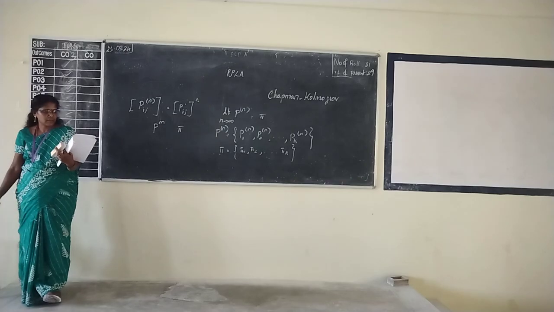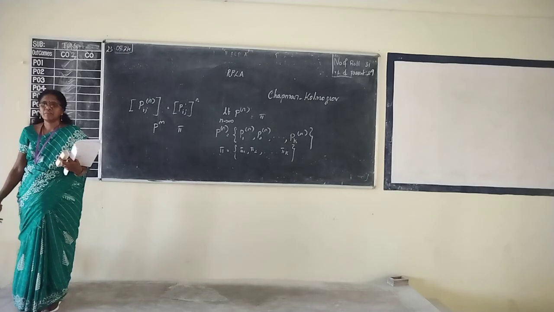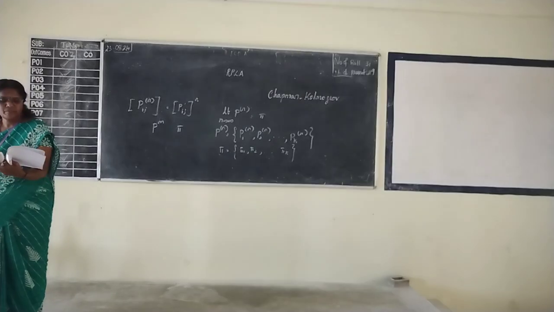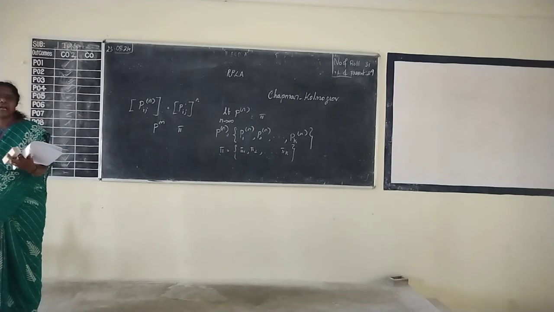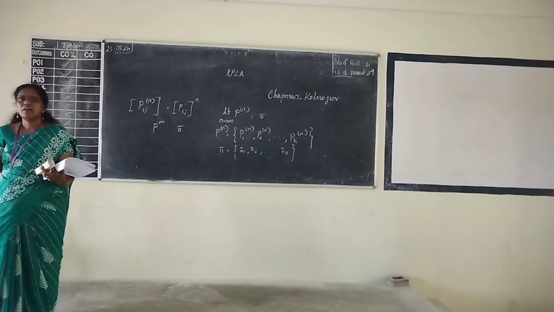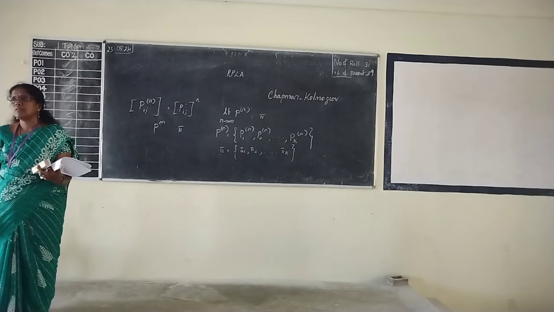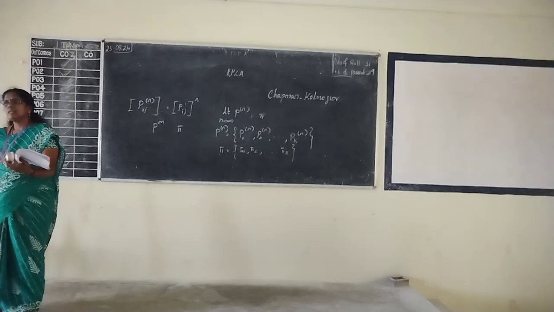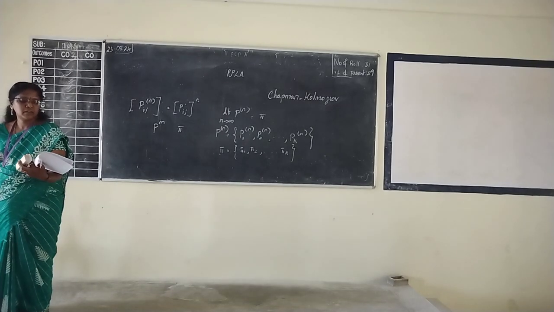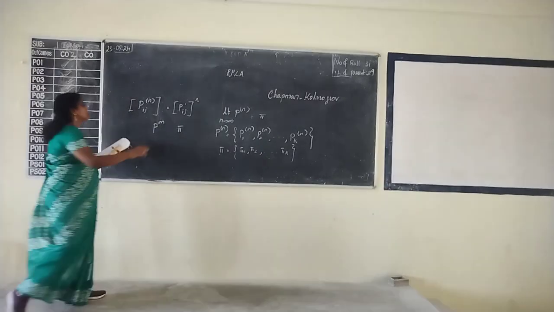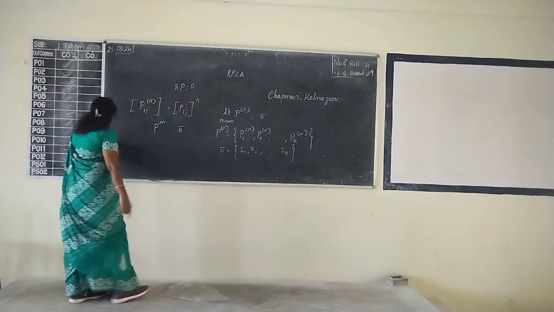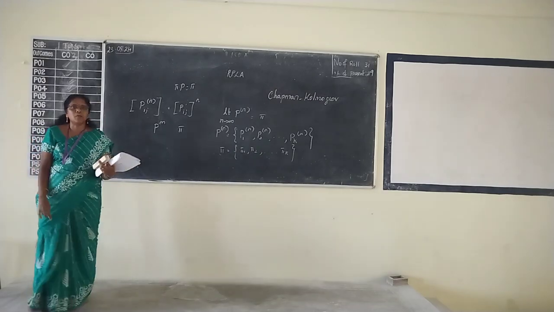Before that, write this. If capital P is the TPM of the regular chain, then pi P equal to pi.